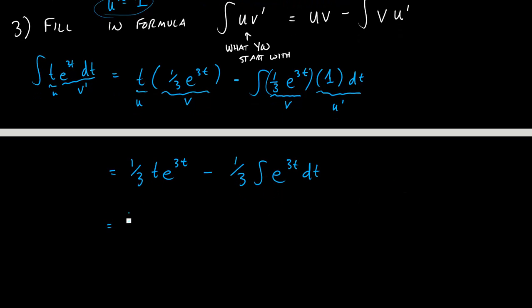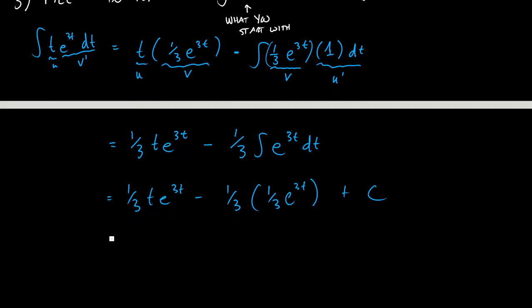The first part stays exactly the same, but for the second part, I know the integral of this is 1/3 e to the 3t, and then this is all plus c, right? So my final answer is going to be 1/3 t e to the 3t minus 1/9 e to the 3t plus c.